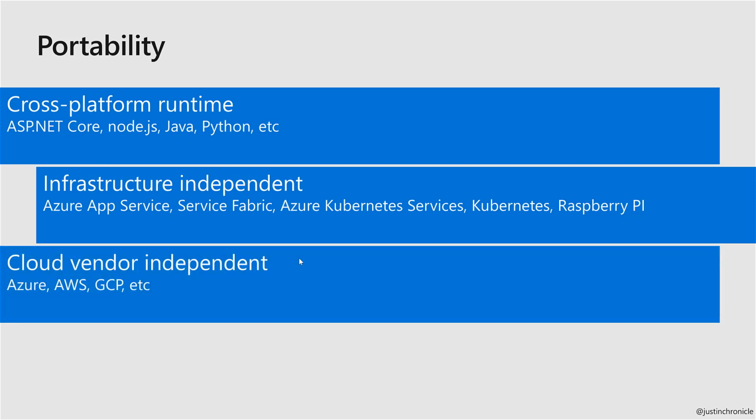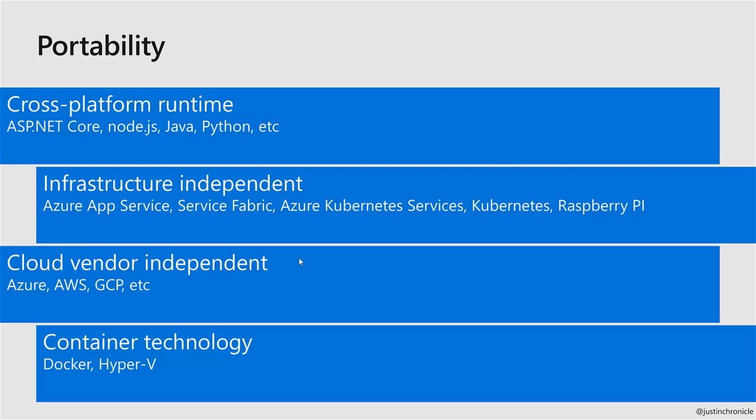Also, when we create the package for Azure Functions, it can be deployed on any cloud service provider, such as Azure, AWS, Google, even Alibaba, as long as they support container technologies. So basically, we are packaging our runtime on Docker or Hyper-V.